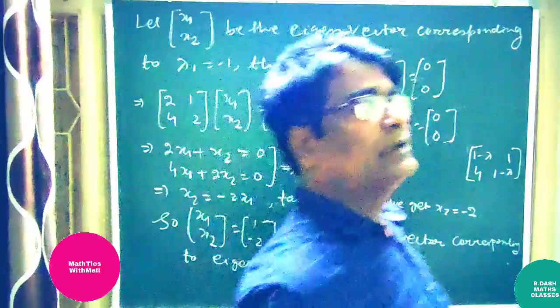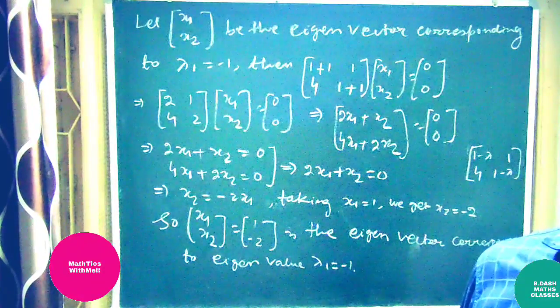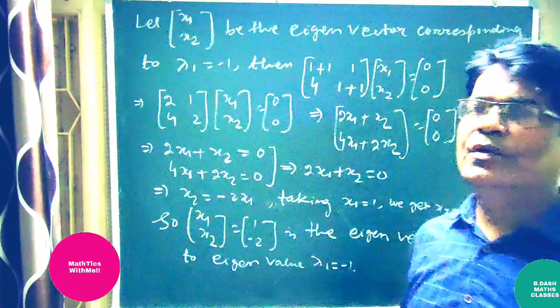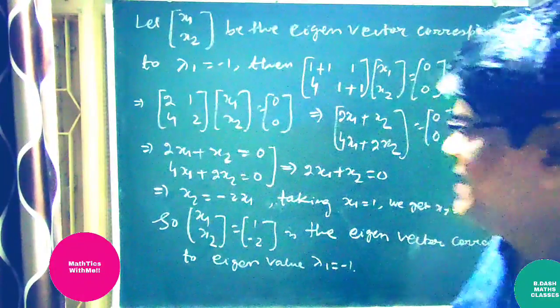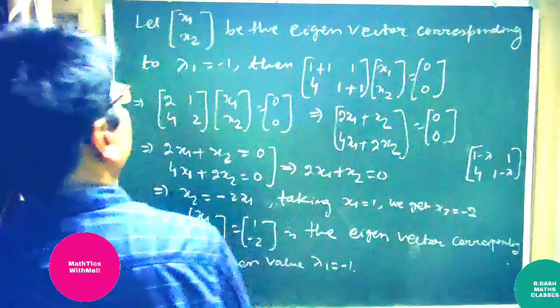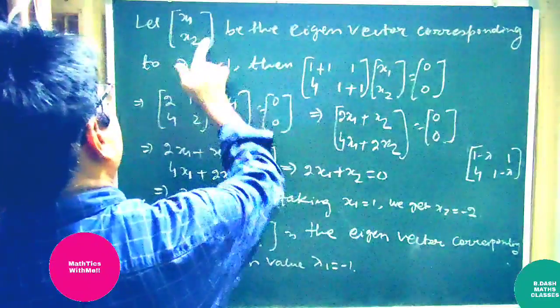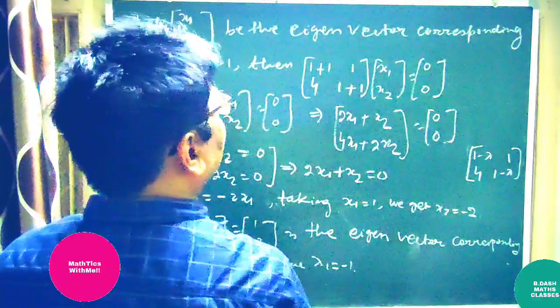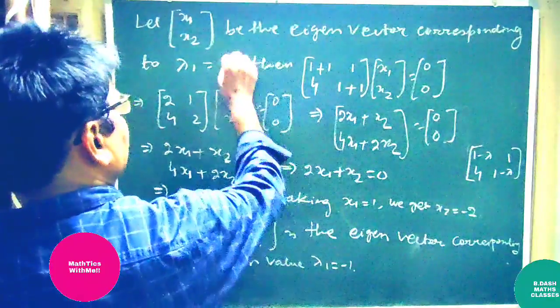So we are getting one eigenvector corresponding to the eigenvalue lambda 1 is equal to minus 1. Let us proceed to find the second eigenvector. Let [x1, x2] be the eigenvector corresponding to lambda is equal to 3.